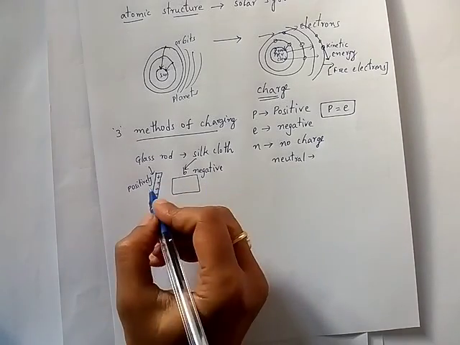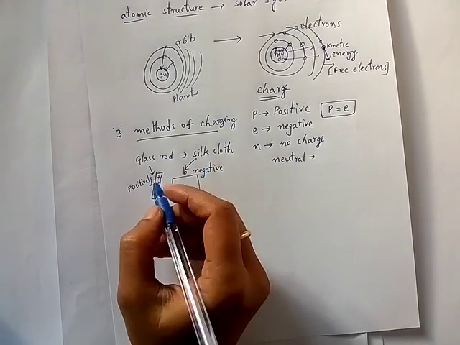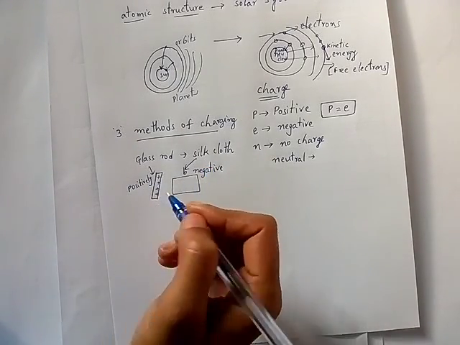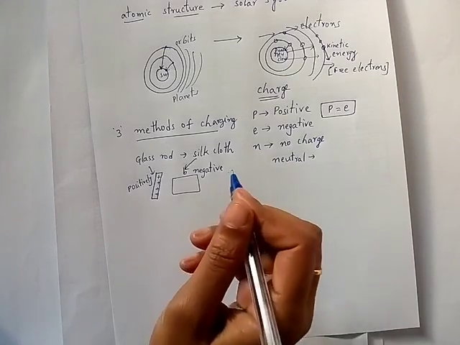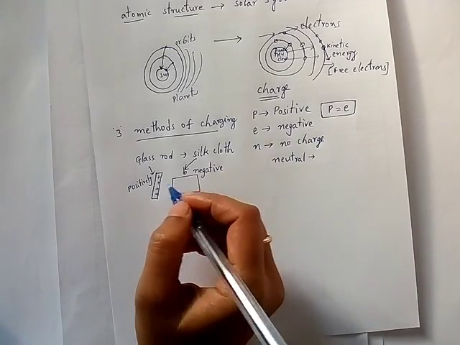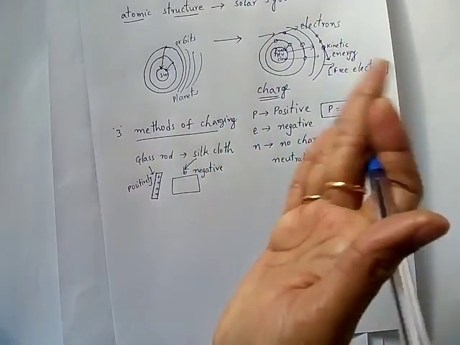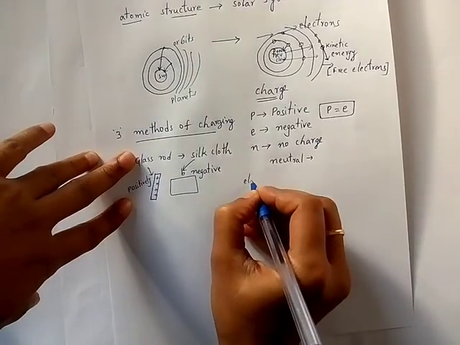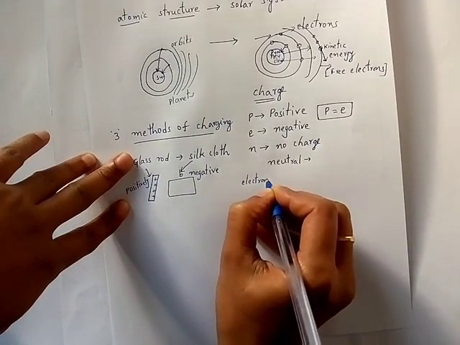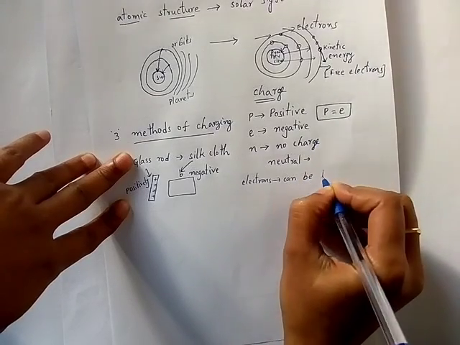Like here, the glass rod and silk cloth we have taken. The glass rod has electrons and protons. In the same way, the silk cloth also has electrons and protons. When these two are rubbed like this, only electrons can be transferred.